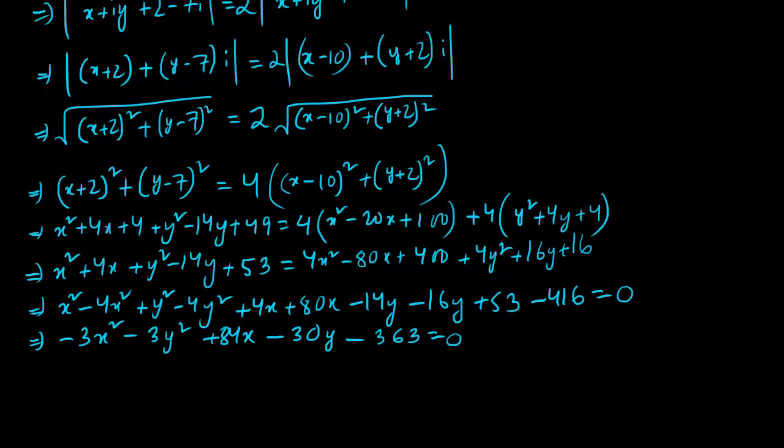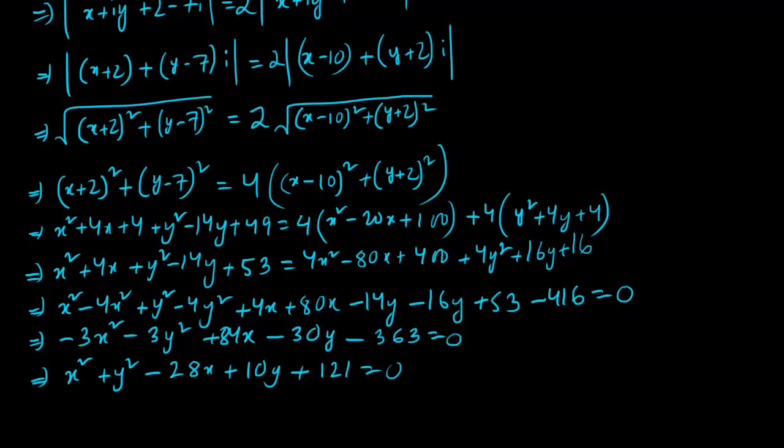Now if we divide both sides by minus 3, it turns out to be x squared plus y squared minus 28x plus 10y plus 121 equals 0.